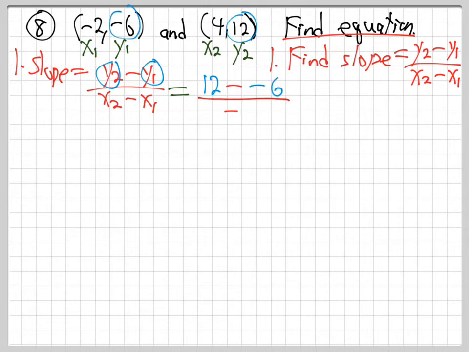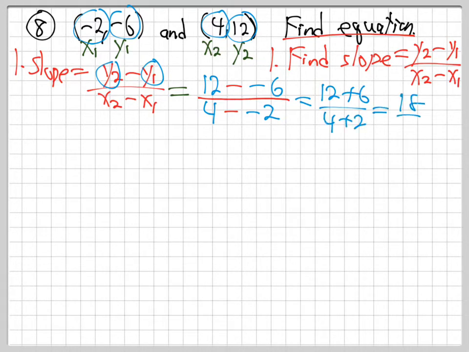See the double negative there? Subtract minus 6. And then on the bottom, x2 minus x1, like so, huh? Is that good? And you know the double negative, that's going to become 12 plus 6 over 4 plus 2, 18 over 6, 3. So 18 over 6 is 3. So the slope is 3.